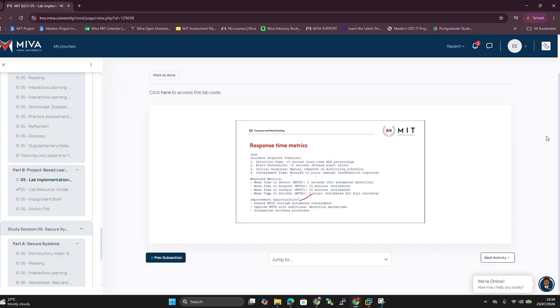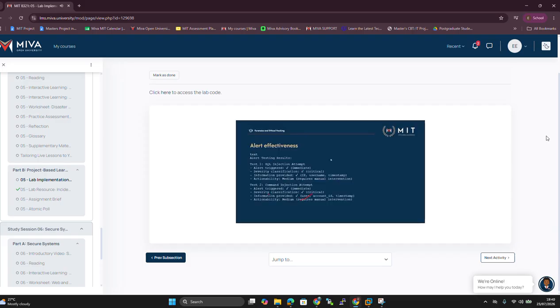And then, of course, your improvement opportunities where you need to make changes. So it is important for you to reduce your mean time to respond and then improve your mean time to detect with either additional mechanisms or whatever thing you need to do to improve it, and then streamline your recovery process.